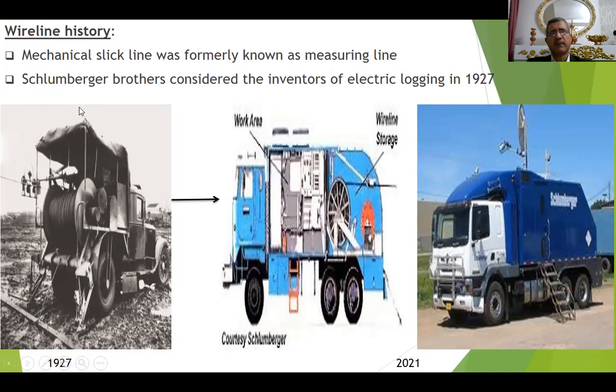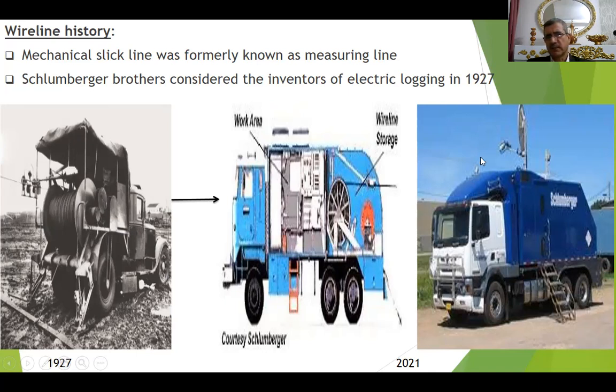The Schlumberger brothers, two brothers, are considered the inventors of electric line in this date, 1927. Then they made a company and kept improving it until it is now covering the whole world.